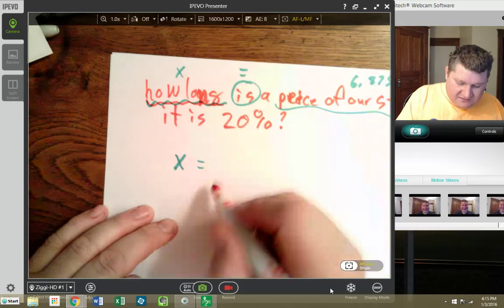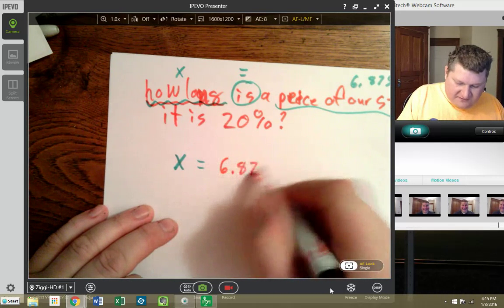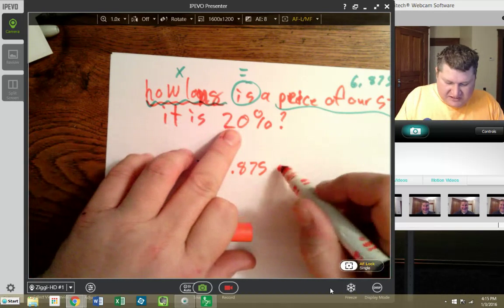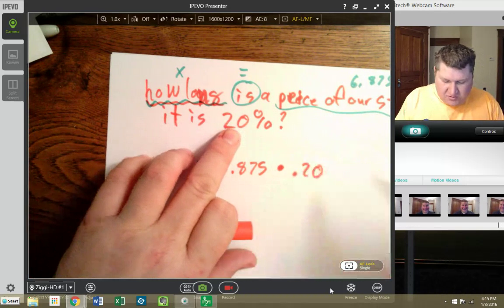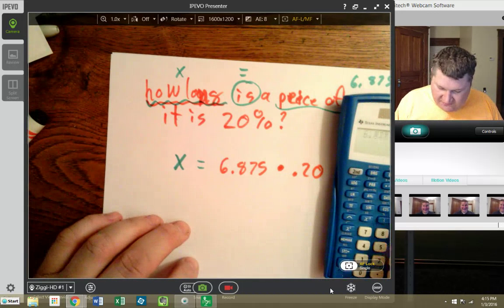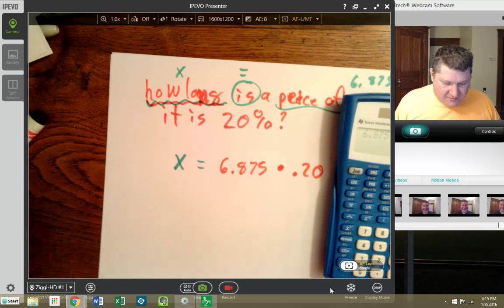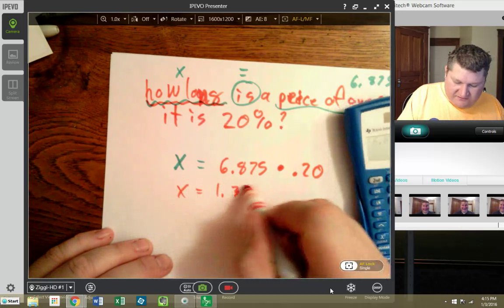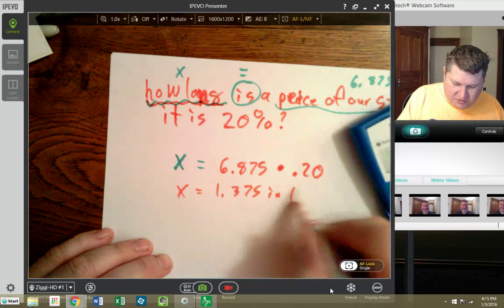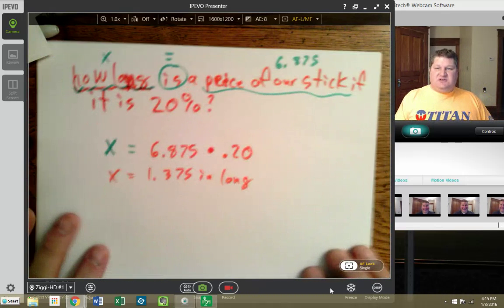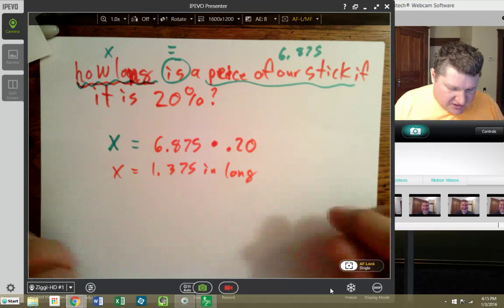So x is 6.875 times, now we want 20%. So what's 20%? 0.20. And so we say 6.875 times 0.20, and it would be 1.375 inches long. There you go. So it's just a more complicated way to write the same question that we've been talking about.